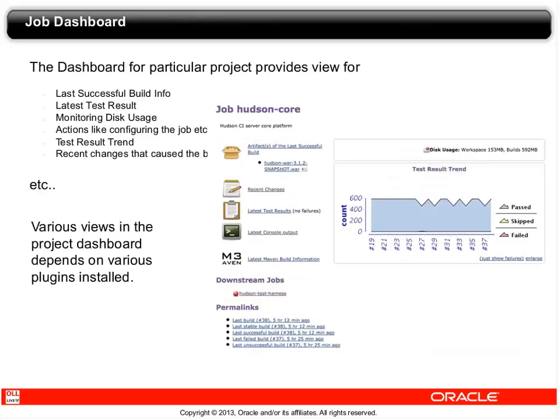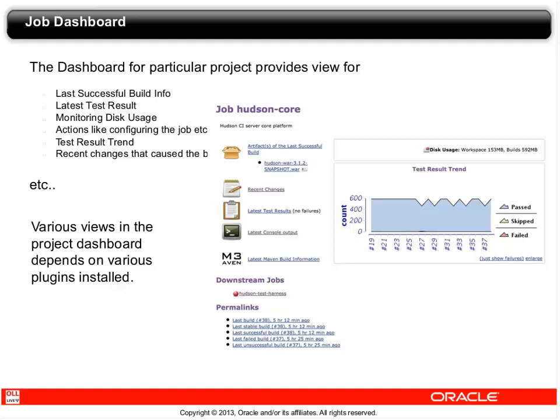I'm going to quickly go into the different types of dashboards in Hudson. As I said earlier, there is the main dashboard, where you see all the status of the different jobs Hudson is building. From each of the jobs listed on the main dashboard, you can navigate to the particular job dashboard.